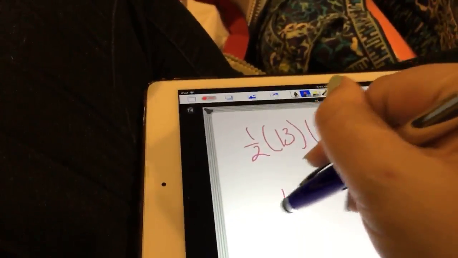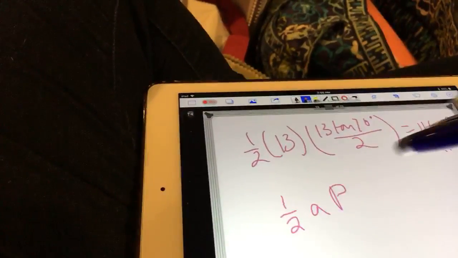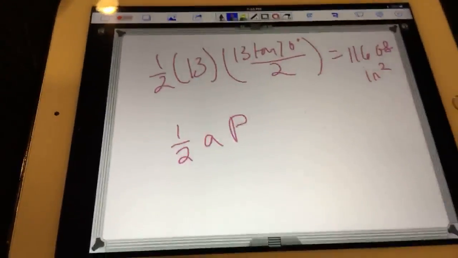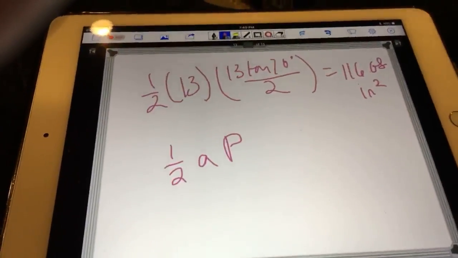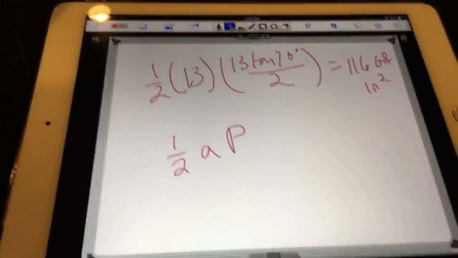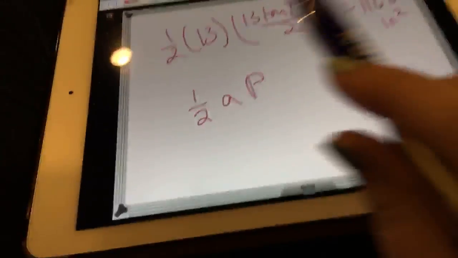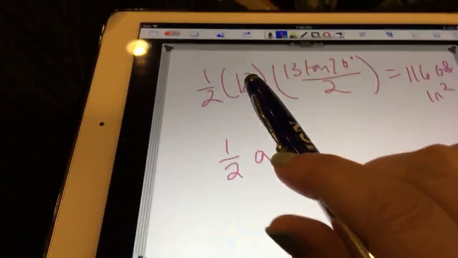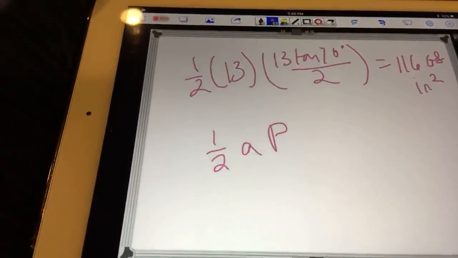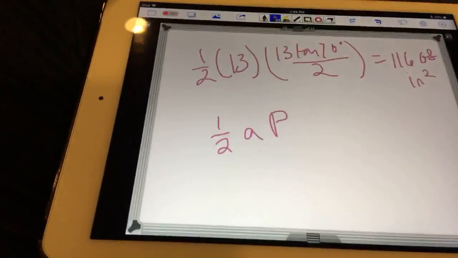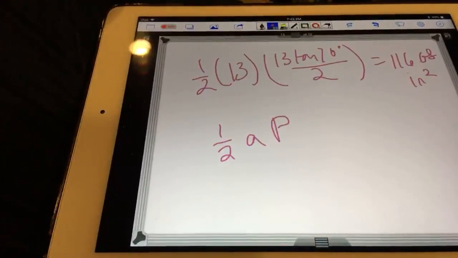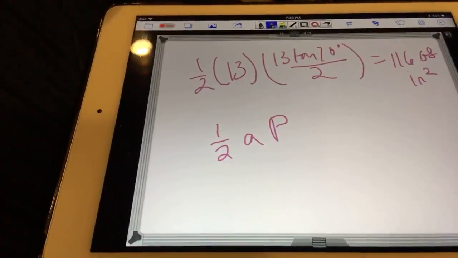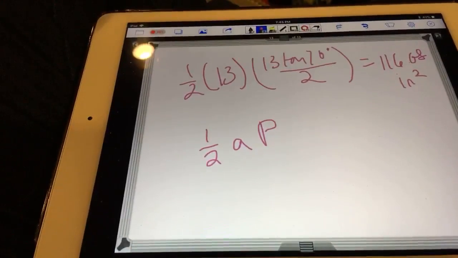The formula for the area of a regular polygon is 1/2 the apothem times the perimeter. Now, isn't the perimeter the number of sides times the side length? So isn't the perimeter 9 times 13? So I'm basically doing the same exact thing. It's just two slightly different approaches to how I make it happen. But in general, they're the same. Does that make sense?